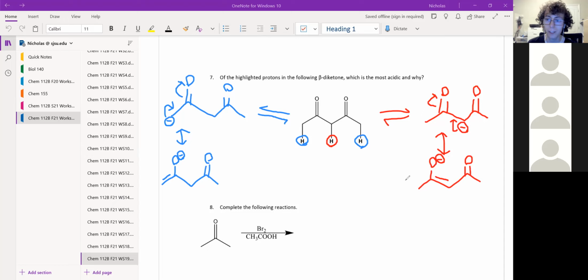But then we can do a bit more with this structure, because this negative charge, where the proton was, is alpha to both of the carbonyls, not just this one on the left. So we can show another resonance form.